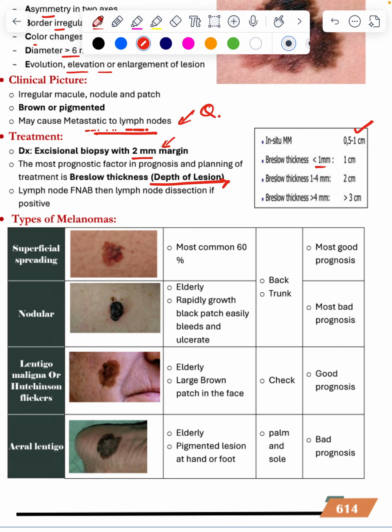If it is 1 millimeter, a 1 centimeter margin is required. For 1 to 2 millimeter, 2 centimeter margin. More than 4 millimeter, 3 centimeter margin. This is the margin of excision, and this is the depth. So 1 centimeter, 1 centimeter, 2 centimeter, 3 centimeter margin.